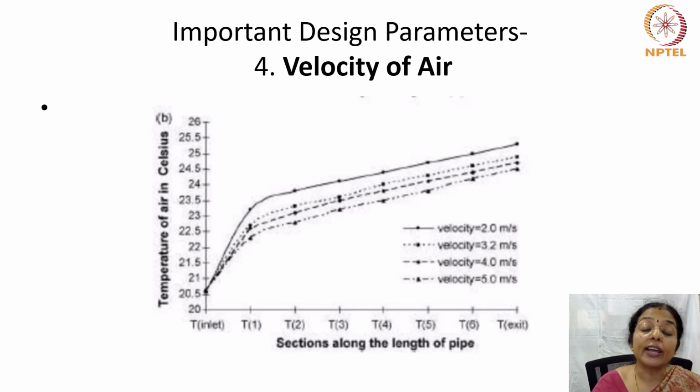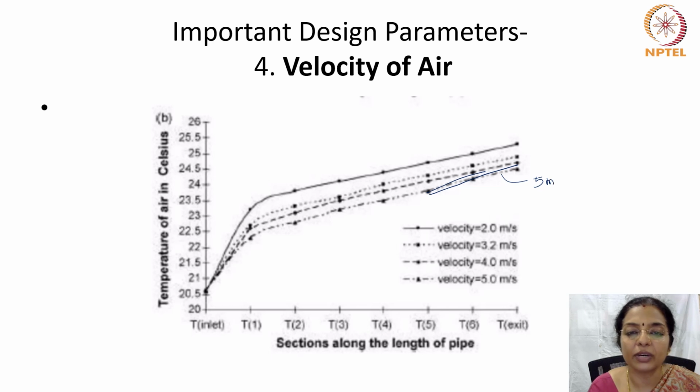Then the velocity of air that passes through is again very important. So let us look at this important design parameter. Now here we have a case scenario where the velocity of air here is 5 meters per second, whereas the velocity of this air is about 2 meters per second.